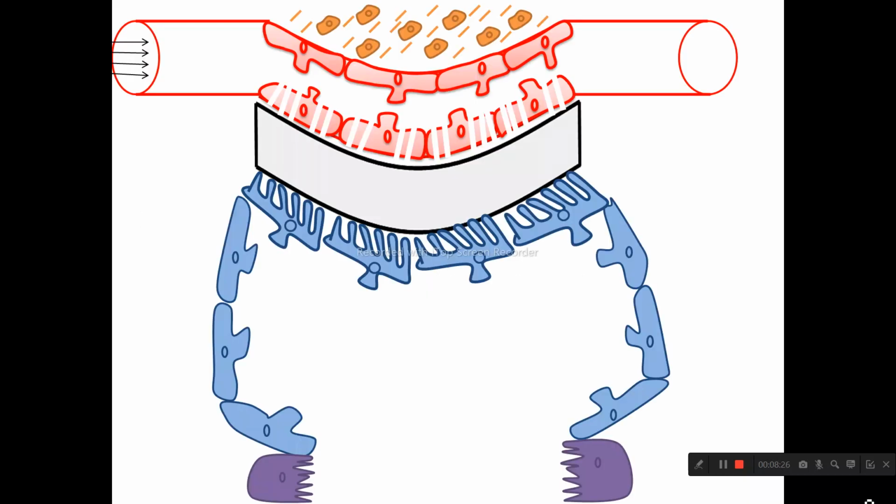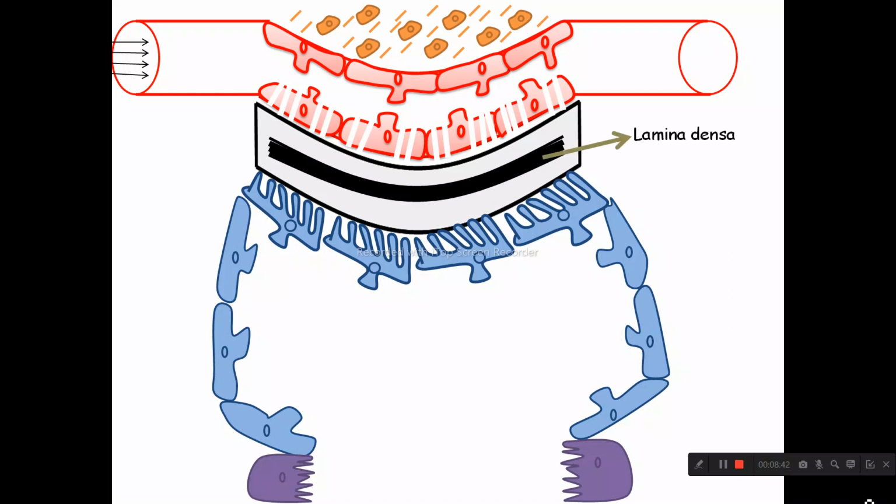When we look at the glomerular basement membrane under an electron microscope, you will find that the central area is very dense. This dark central area of the glomerular basement membrane is known as the lamina densa. On both sides of the lamina densa, the area of the glomerular membrane looks less dense.